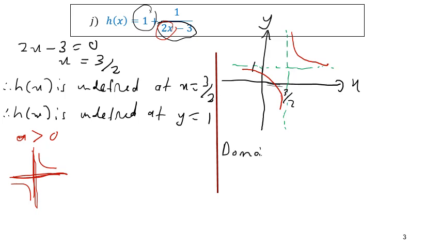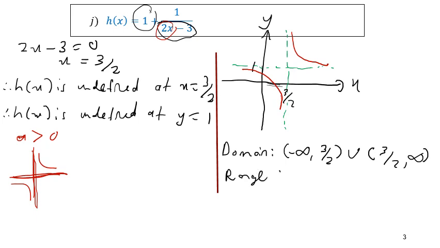So the domain, since we have undefined at 3 over 2, remember you have to split into a union. So 3 over 2 we put here and here. So the first one, it is from negative infinity until 3 over 2, and the other one we start with 3 over 2 until positive infinity.